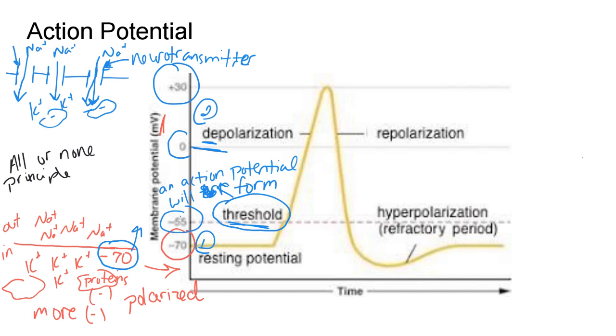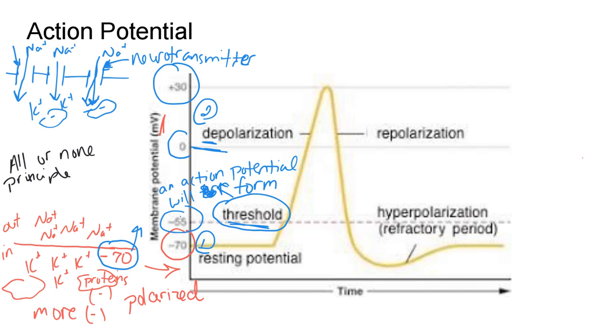All or none. Once that action potential is formed, it will be the same size regardless of how high up the depolarization goes. Again, similar to muscle contractions, once that muscle contraction was triggered, it would be the same strength regardless of how much stimulus is given. So that's where that all part comes from. I'm either getting a full-blown action potential or I'm getting nothing at all.